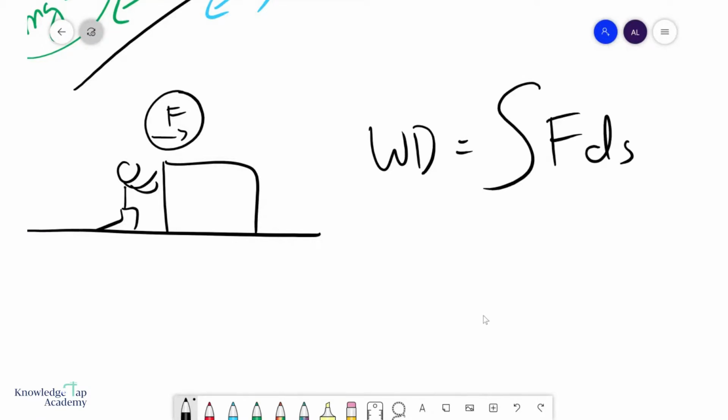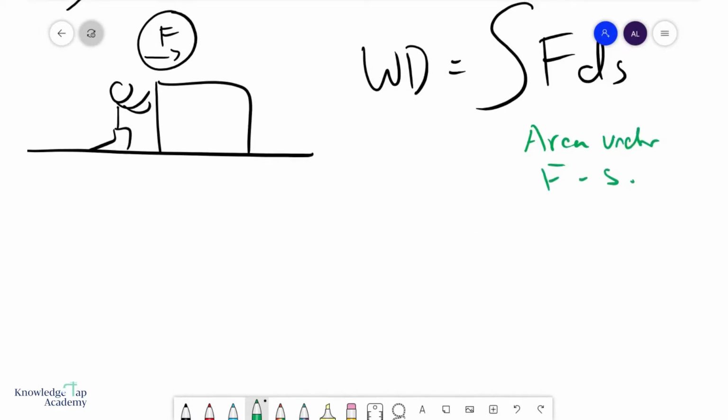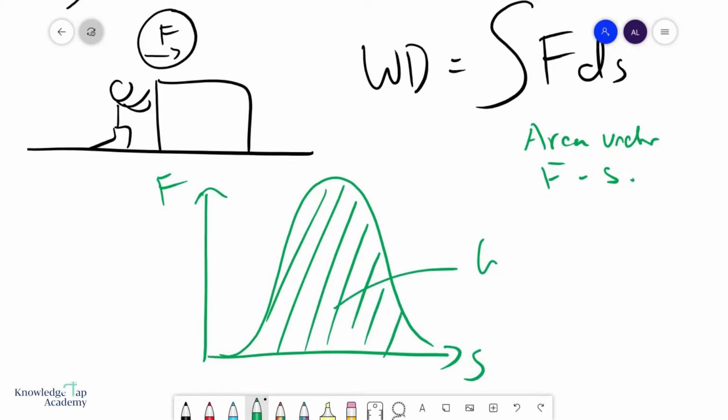And so remember, in physics, whenever we see an integral, we are talking about the area under some graph, and in this case, the area under a force displacement graph. And so typically you may see something like this, force against displacement. Your graph may look a little bit like that, and so the work done is simply the area under this graph.